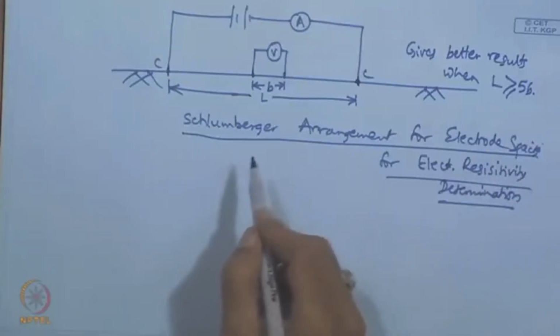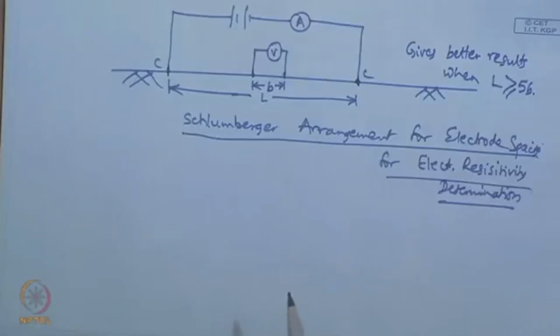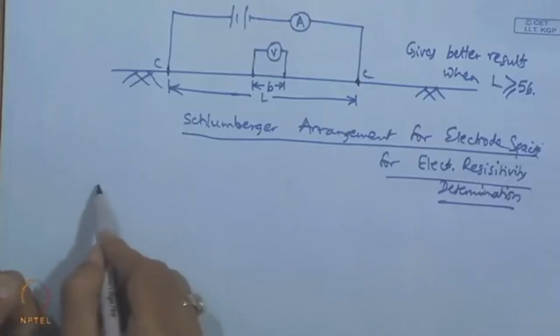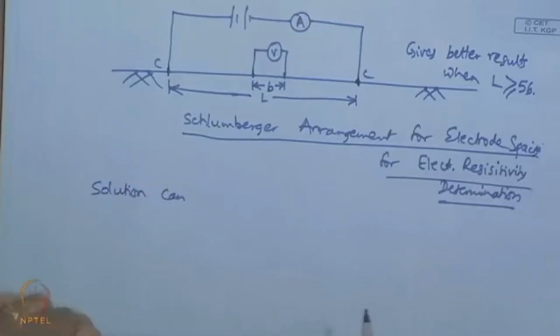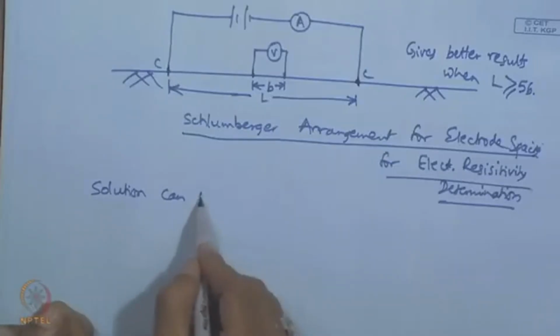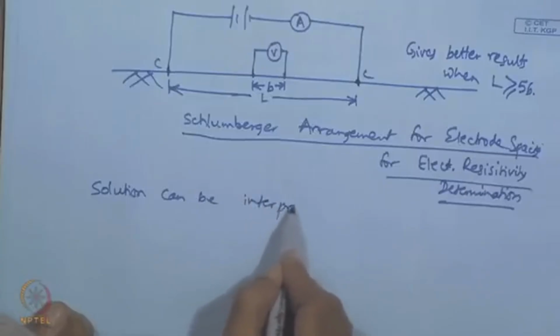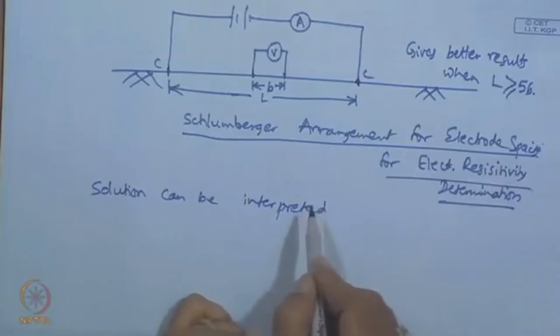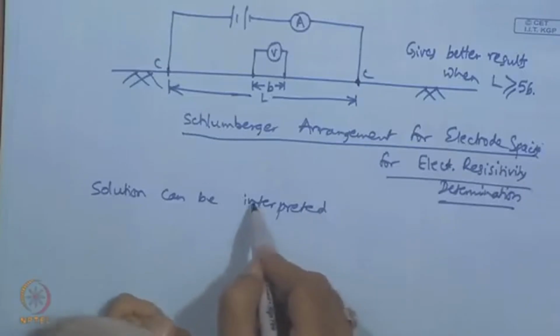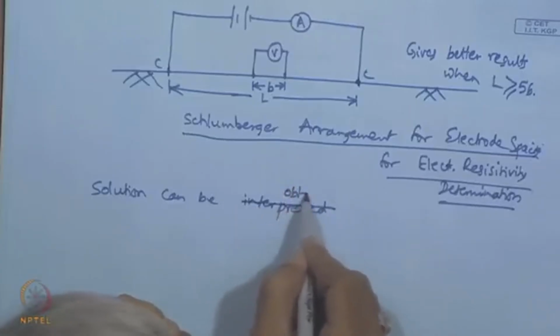So, this is the second common arrangement for the electrodes, and now let us discuss the interpretation of the results. The solution can be obtained in two parts.